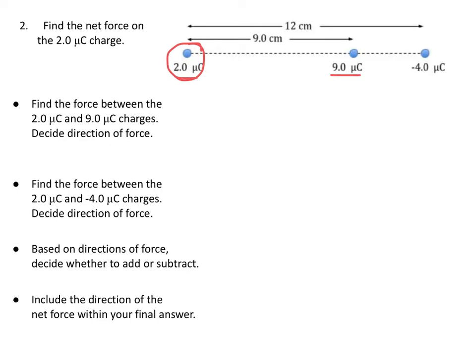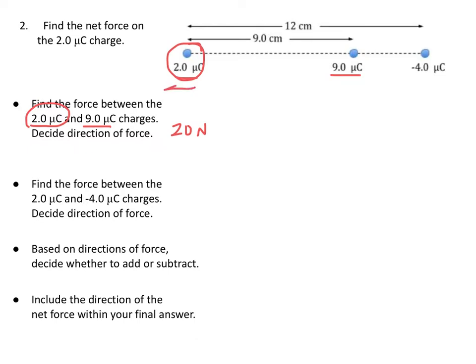Let's just take this in 2 steps here. You can't do it all in one equation. You need to look at each individual interaction. So first, between the 2 microcoulomb, the one we're interested in, and the 9, remember, we just did this. This came out to be 20 newtons. And we had talked about how the 2 and the 9 push away from each other.